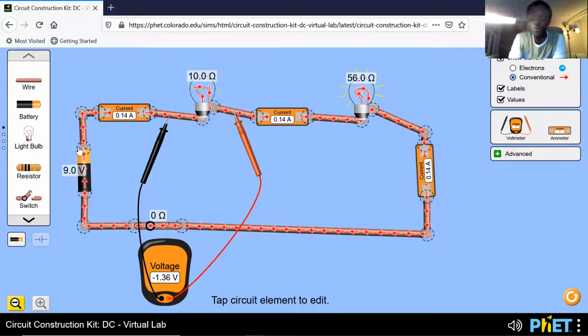So the energy that the electrons had when they started from one terminal of the battery, they lose it as they cross the circuit. But that amount of energy has to be shared between the two lamps, the two light bulbs.